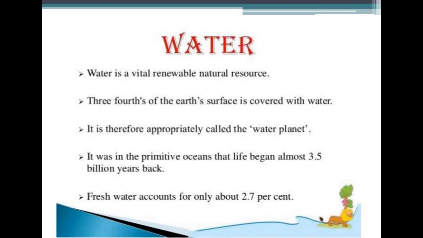We have 3/4 of water on the Earth's surface, but only 2.7% of water is fresh water, and that too, 70% of the 2.7% occurs as ice sheets and glaciers in Antarctica, Greenland, and mountain regions. Then we are left with only 1% of fresh water available for human consumption or human use.